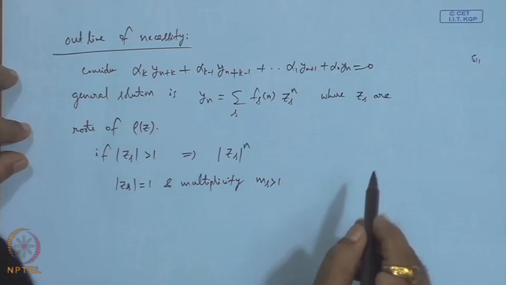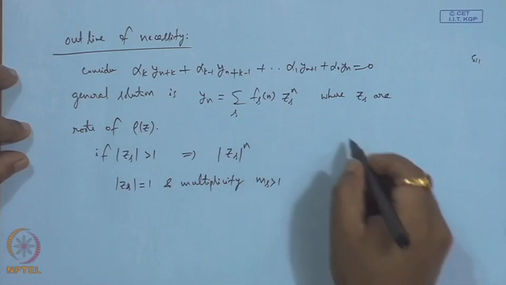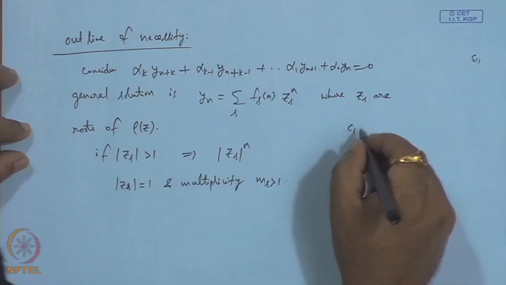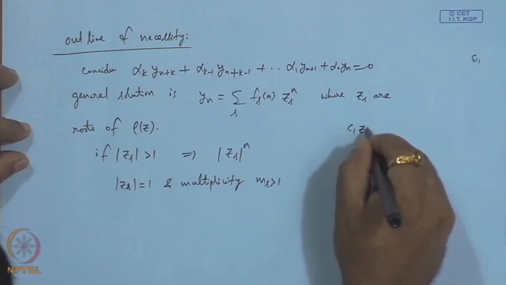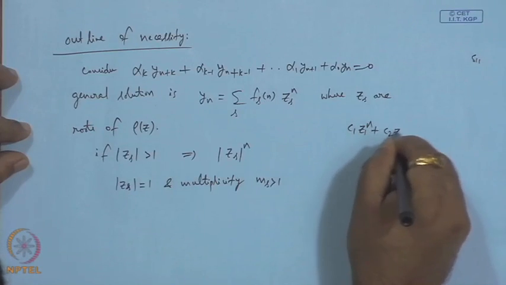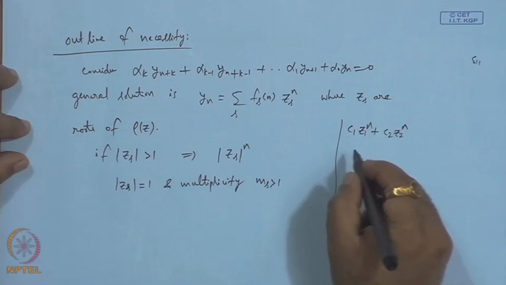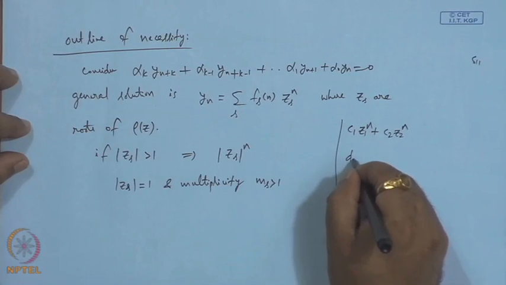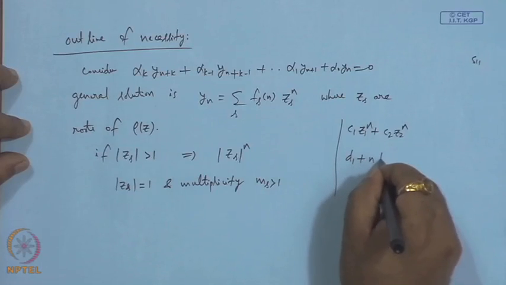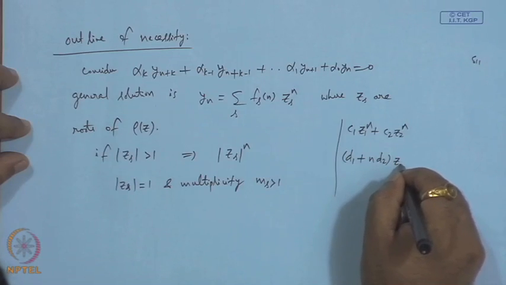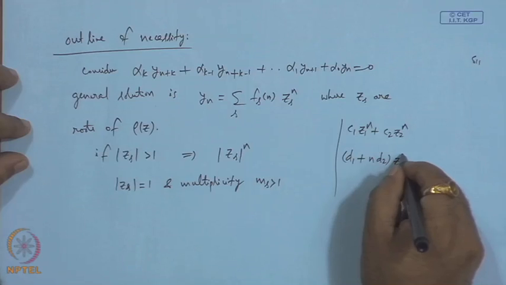So, the general solution is a linear combination, say C_1 z_1^n + C_2 z_2^n. If you have multiple roots, then we get something like (d_1 + n d_2) z_2^n, say when z_2 has multiplicity m.